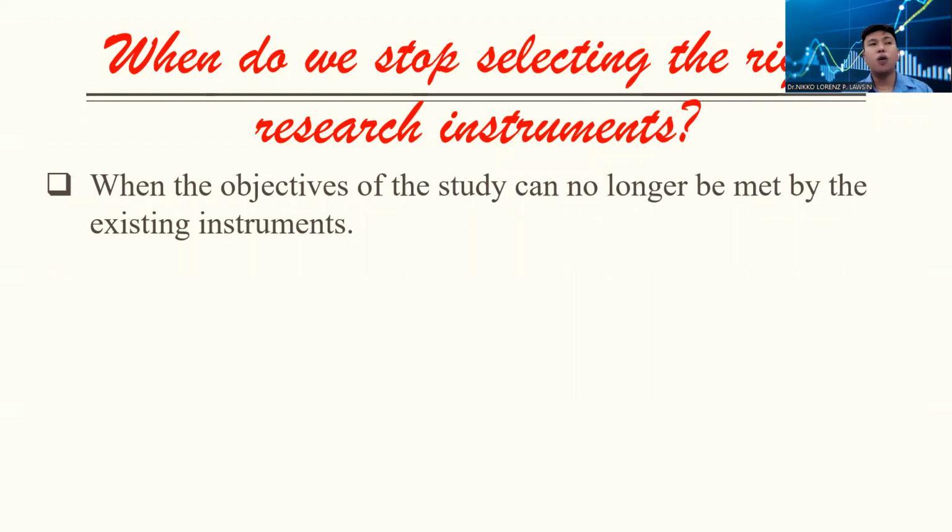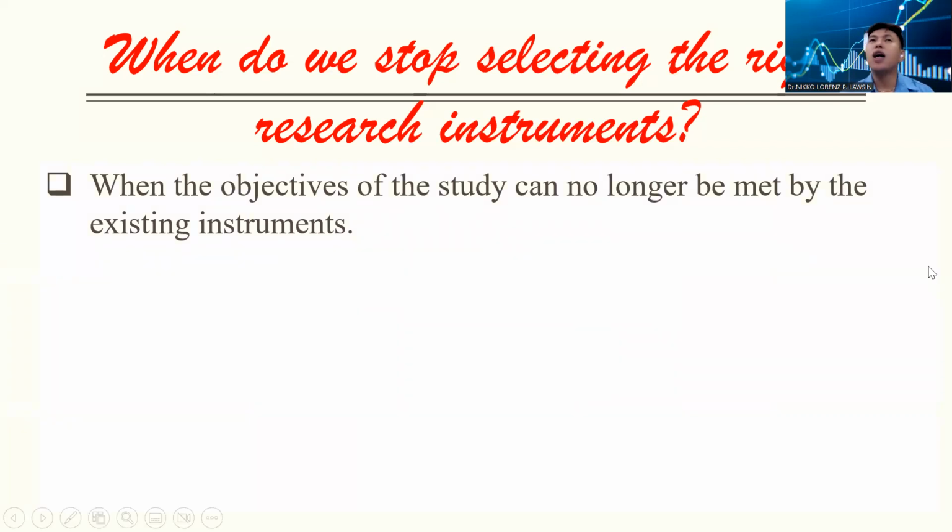For example, the one that you have searched is already 10 years old, and there are new constructs that we would like to develop. Example, in the use of technology. 10 years ago, the kind of technology that we have is not the same as what we have right now. So in terms of technology, it could not be the same anymore. So you need to stop selecting.